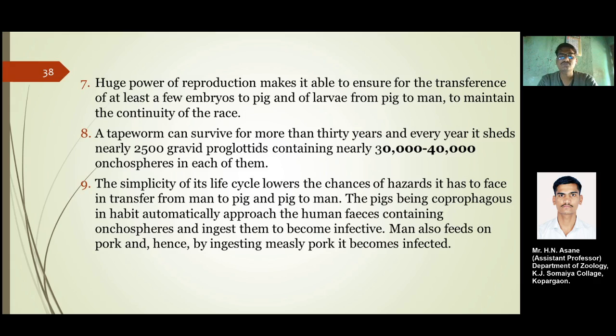And each gravid proglottid contains nearly 30,000 to 40,000 oncospores in each of them. So imagine the rate of reproduction of this particular parasite, the huge reproduction rate: those 2500 gravid proglottids multiply by means of an average 35,000 eggs. Okay, so it is huge per year.